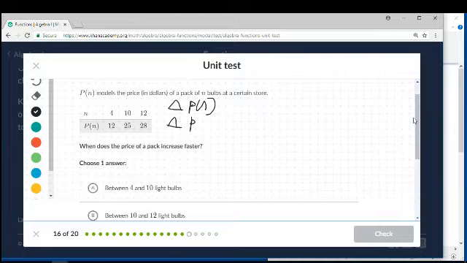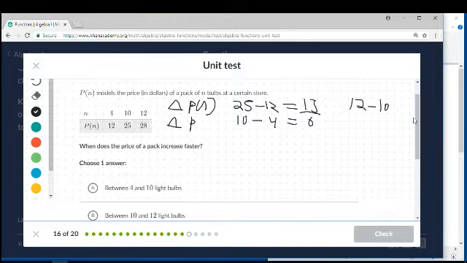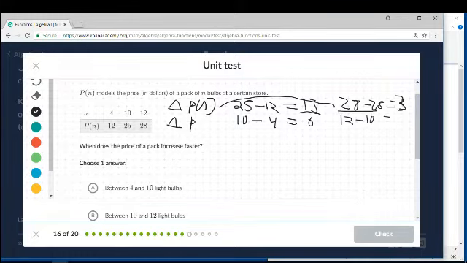Okay, so how do we look at that? Let's look at the change in P and n. Well, 25 minus 12 is equal to 13, and 10 minus 4 is equal to 6. So we have 13 over 6 from 4 to 10. And from 10 to 12, oh wait, when we look at our change in P of n, we'll have 28 minus 25, which is equal to 3, and that's over 12 minus 10, which is equal to 2.